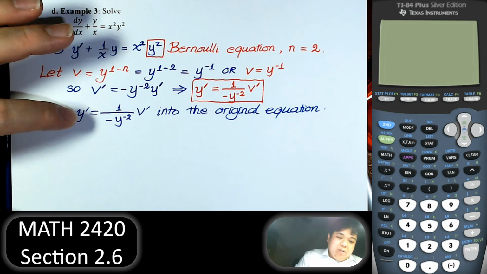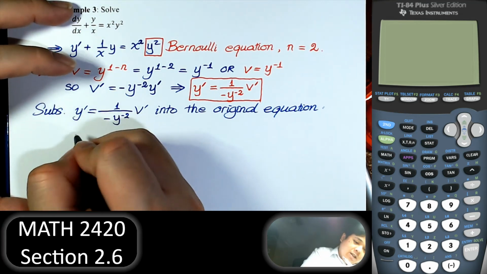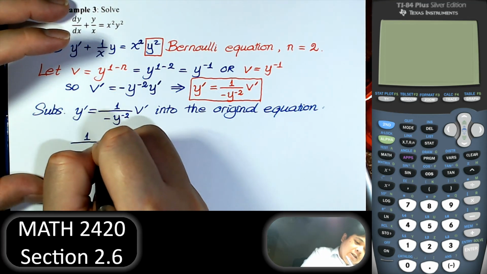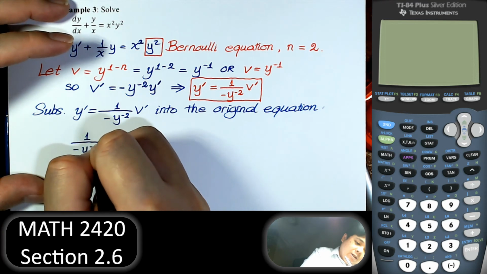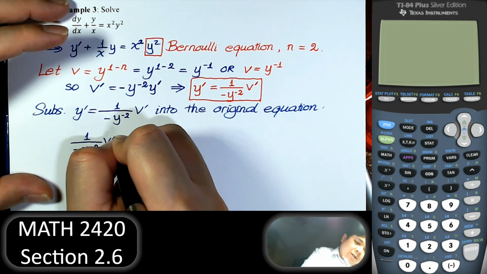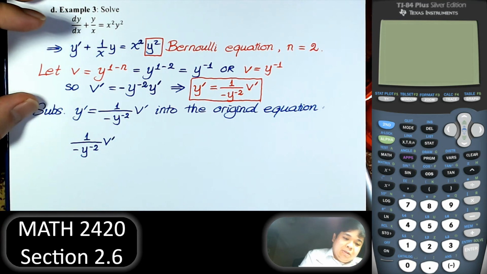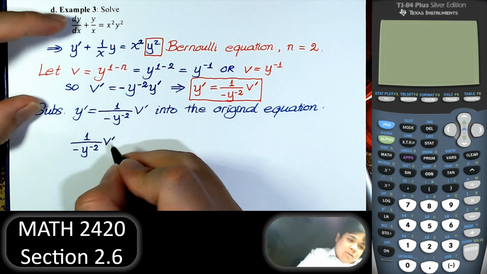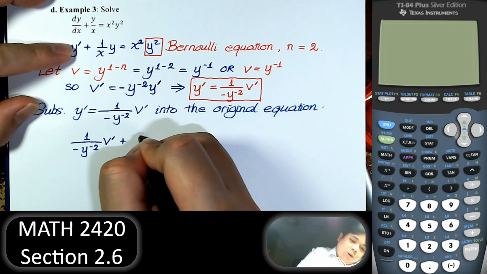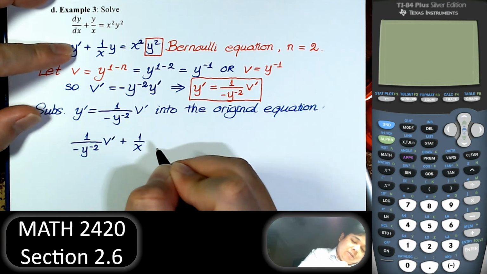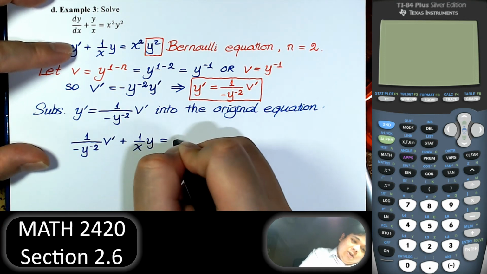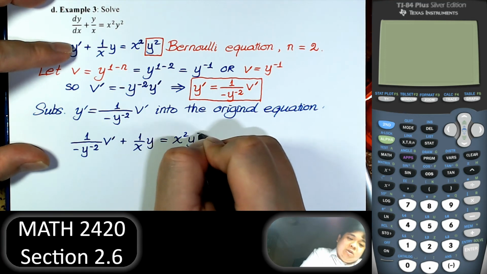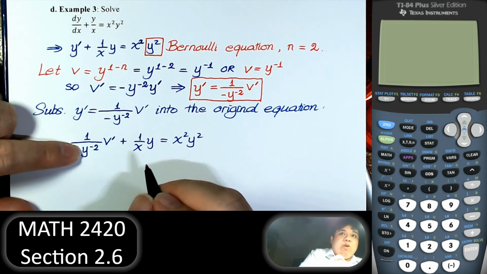So y prime is going to be this, plus 1 over x y equals x squared y squared. The rest of the equation will stay the same. We just substitute for the derivative.